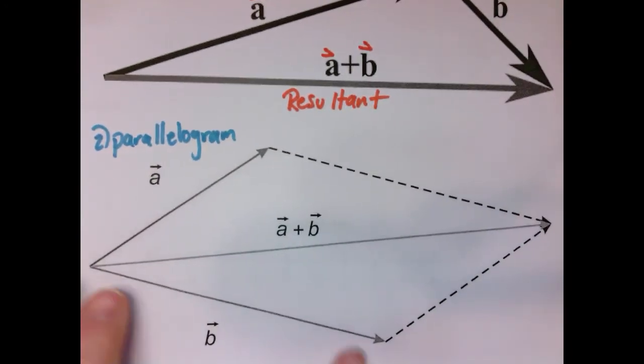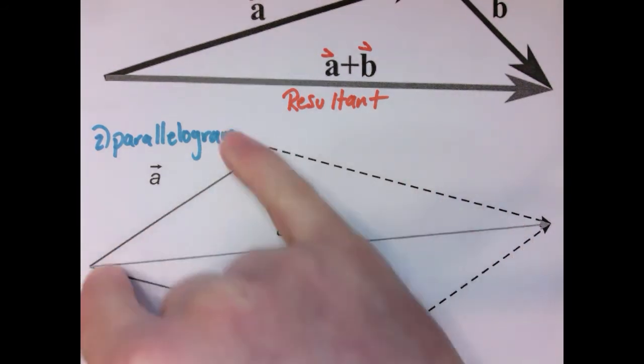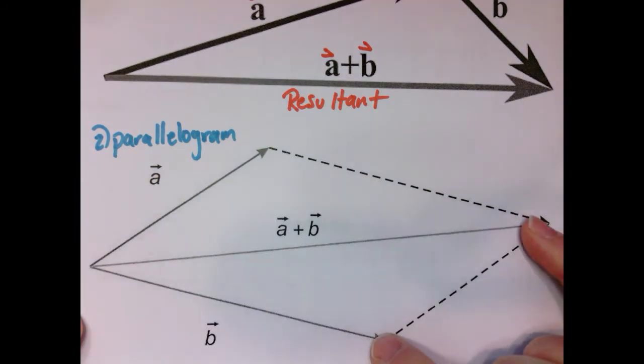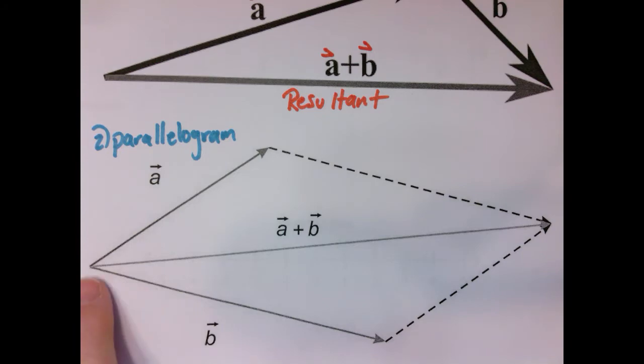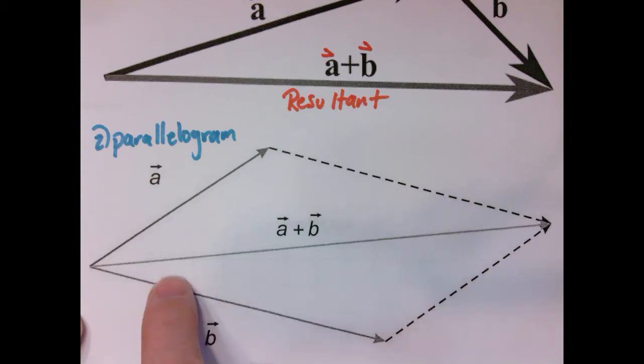So what you see is this B is constructed here at the end of A, and this A is constructed at the end of B. The resultant then is the diagonal that comes out of the vertex. It's the diagonal of the parallelogram that comes out of the vertex of the two vectors.